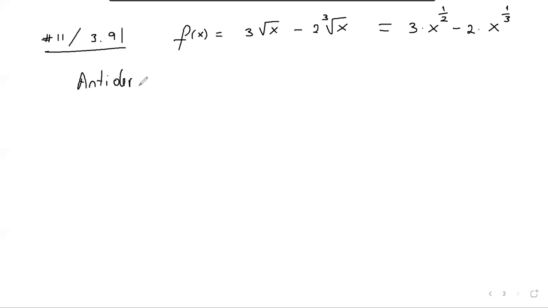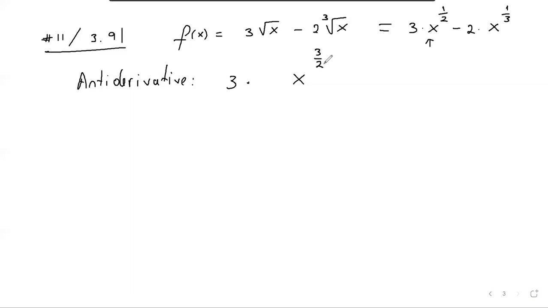So the antiderivative, folks, for 3x to the 1/2, I'm going to say 3 times. And remember that for the antiderivative, it's easier to figure out the new exponent, which is going to be 1/2 plus 1. Now we're big kids here, so we can do that in our head, right? 1/2 plus 1 is 3/2.